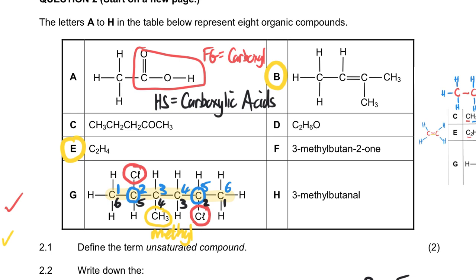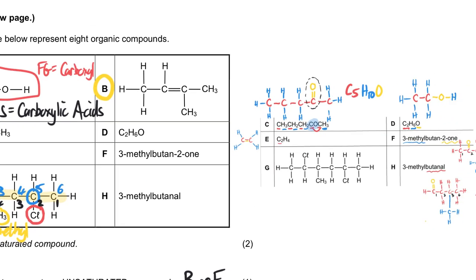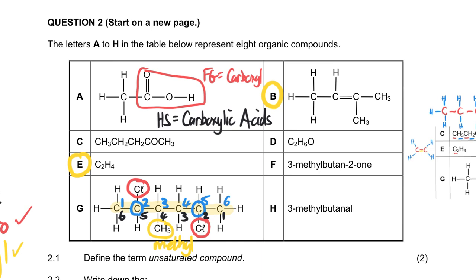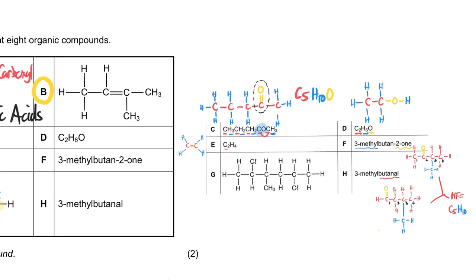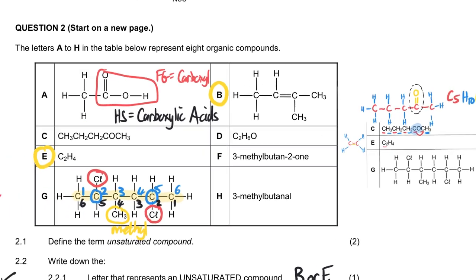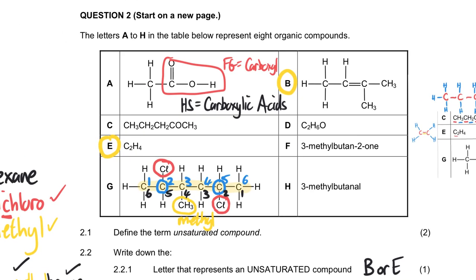Now the question is, do we have an ester in this table? And when we look here, we see that A is a carboxylic acid, B is an alkene, C is a ketone. What did we say D was? D was an alcohol. We can see that E is an alkene.